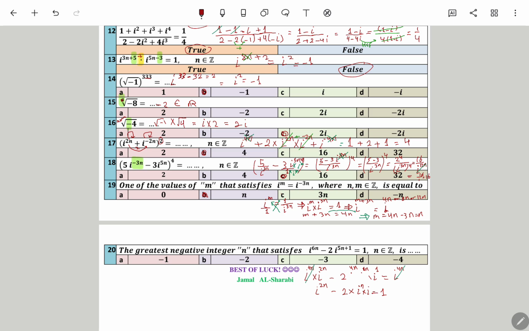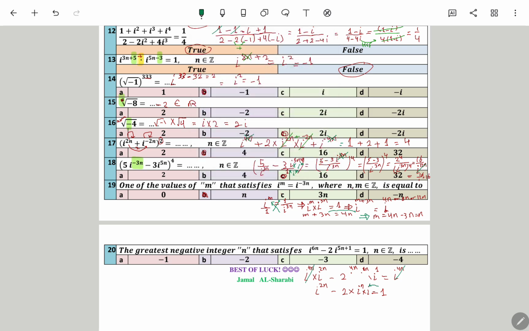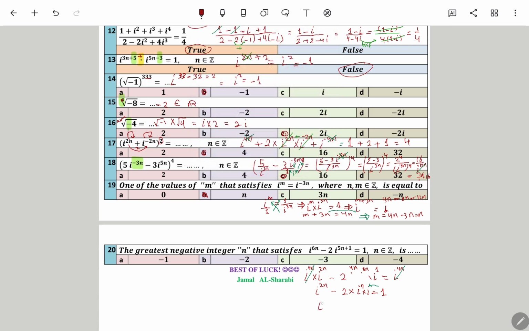Here I will move this 1 to the other side because I can see that I have a quadratic equation, which includes i to the power of 2n above i to the power of n. So it's a quadratic, minus 2i multiplied by i to the power of n, which is similar to this one.